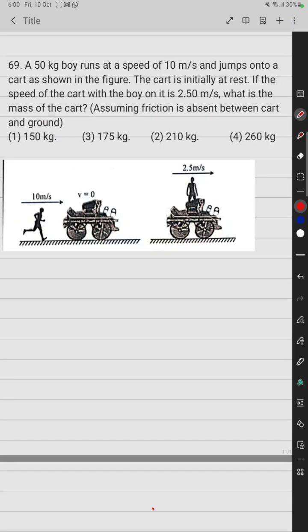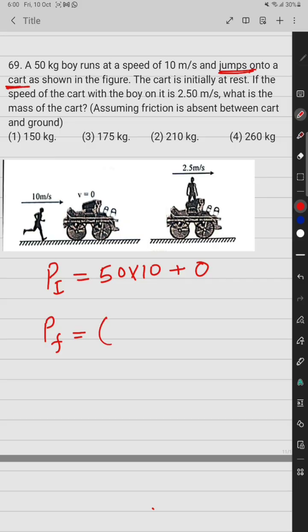A boy with the speed 10 meter per second jumps onto the cart as shown in the figure. The cart is initially at rest. So we can say in this system linear momentum is conserved. So the initial linear momentum of the boy is 50 with the speed 10. The cart's linear momentum is 0, and finally when he jumps onto the cart, the mass of the cart is not given, only the velocity of the system is given.